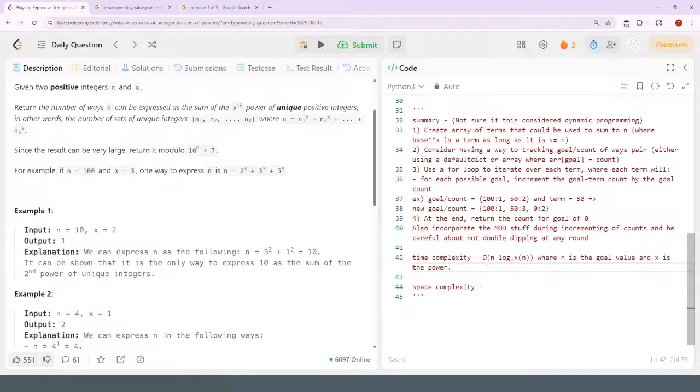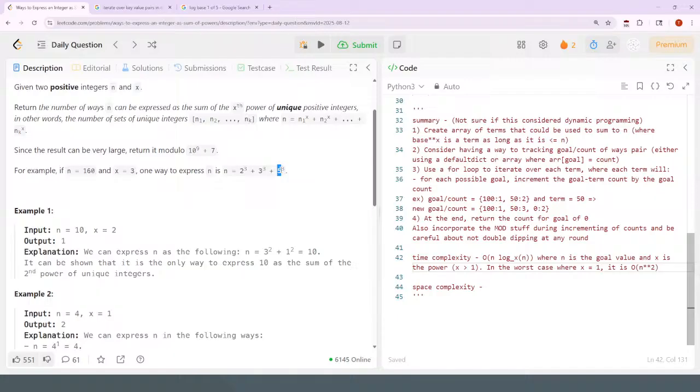So in the worst case, where x is the power, x greater than 1, in the worst case where x equals 1, it is going to be O of n squared, because the number of terms you get corresponds to your biggest power.